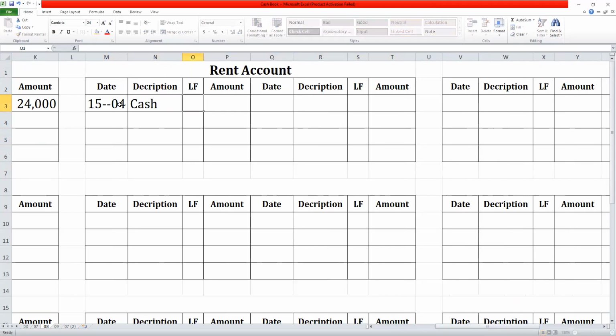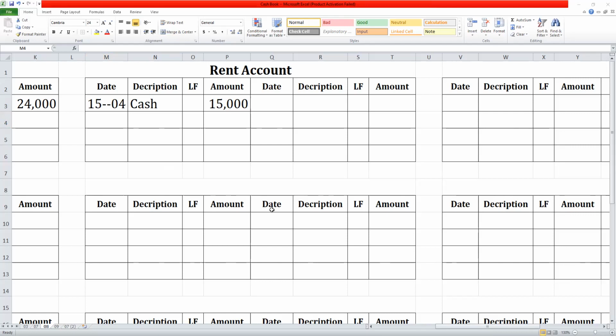Description cash, amount 15,000 rupees. The next date is 16th April.